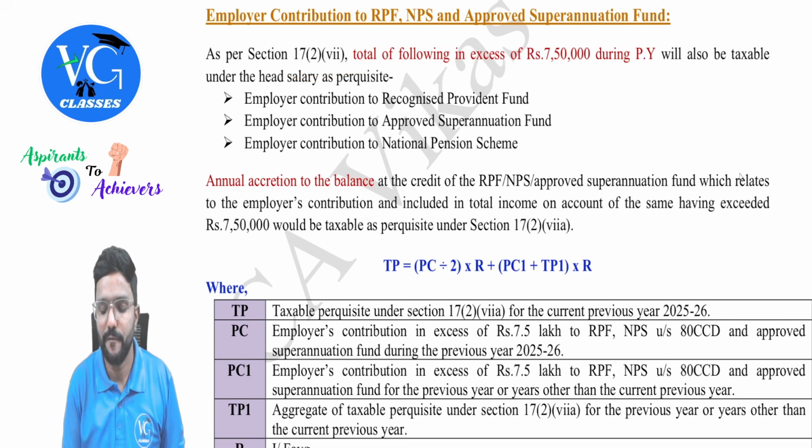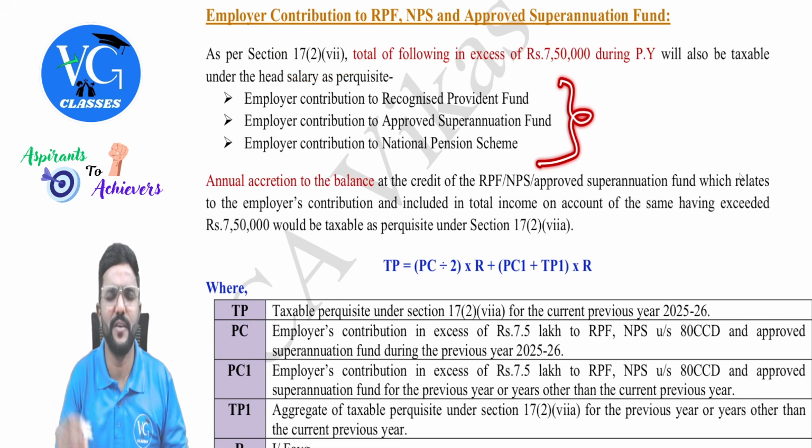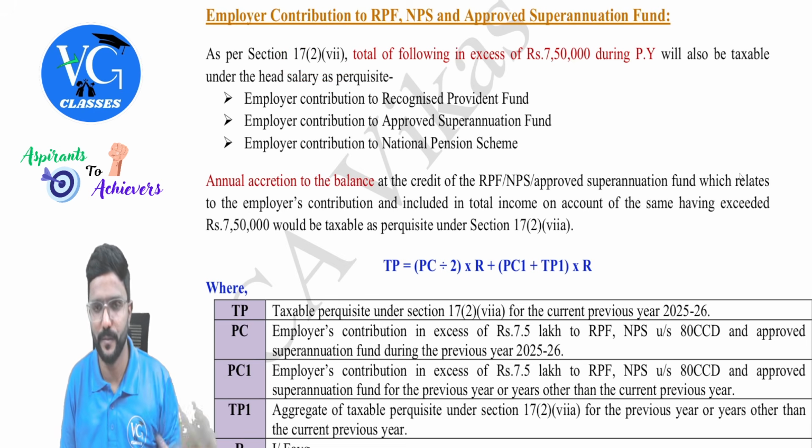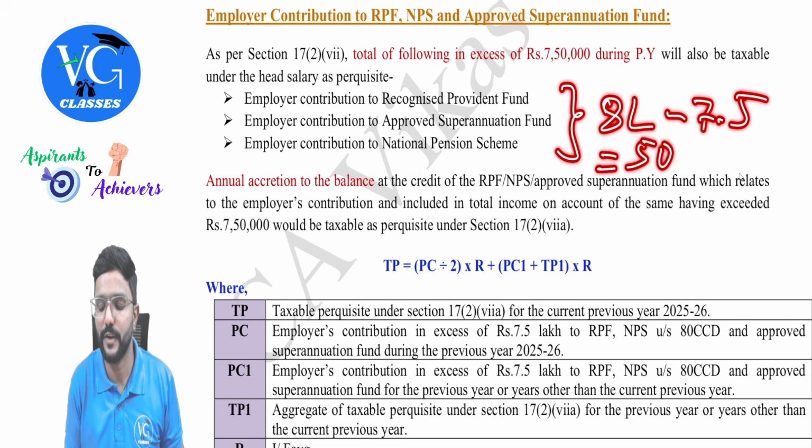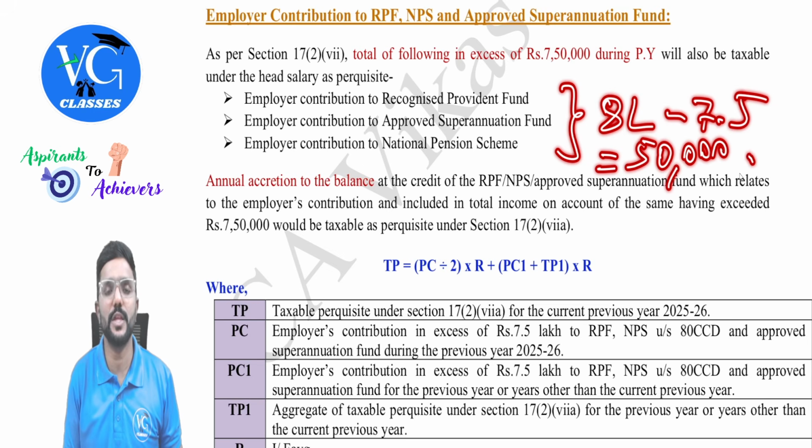For example, if employer during the year has contributed 8 lakh rupees, how much is in excess of 7.5, guys? 50,000. So 50,000 would be taxable as perquisite in the hands of employee under their salary.